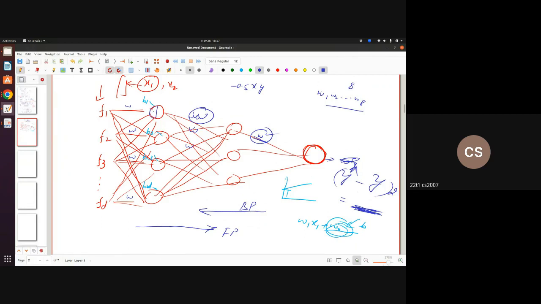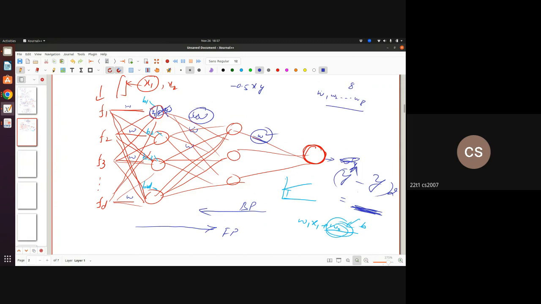Let's say Z1 is the value that is produced at this neuron, and then we will apply some activation function to this Z1, and that will be sigma Z1, and that's what is passed on, right? Let's say we do not apply this. In that case, this Z1 will be further passed on here.